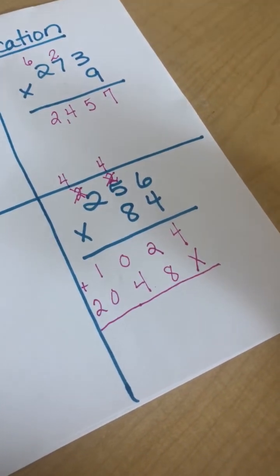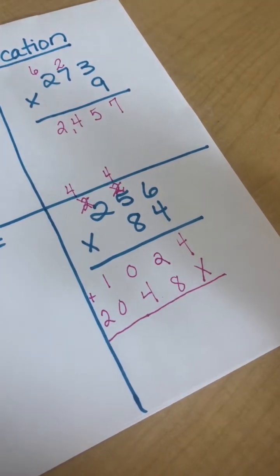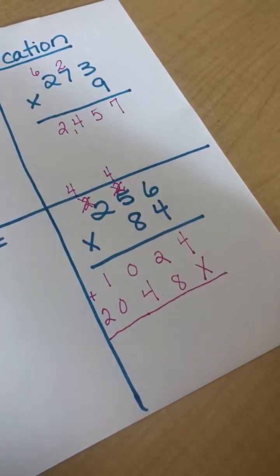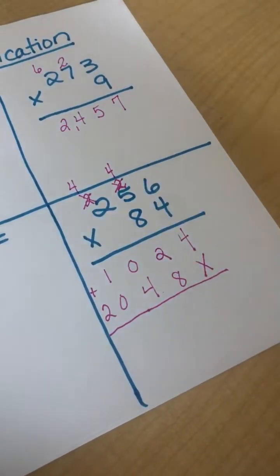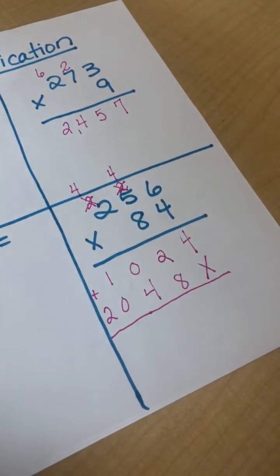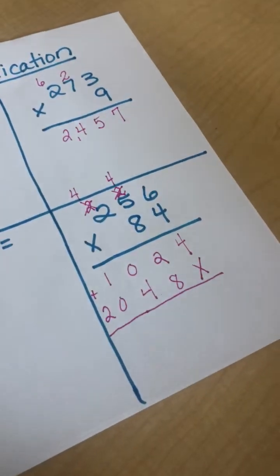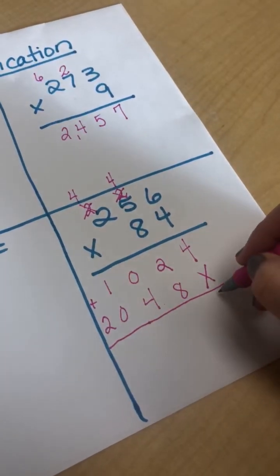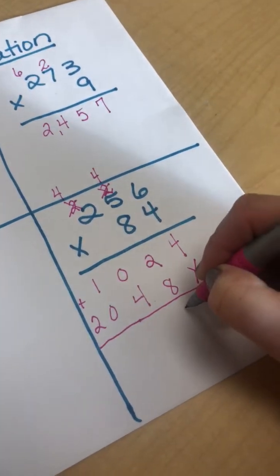It is very confusing to just remember where to put all the numbers. Our goal is not to remember where to put the numbers. Our goal is to make sense of the numbers, and then you will automatically know where they go if you understand it. All right, so then we add 4, 8 plus 2 is 10.